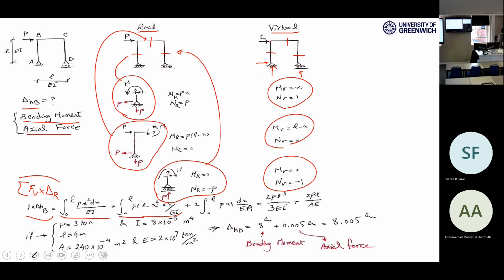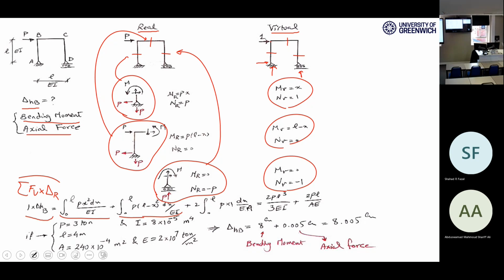For the axial force, the second one is 0. We have again 2 of them, right? For the axial force from the 3 integrations, again we have 2 of them. The second one is 0 because nr and nv are 0. We have the first one and the third one, but they are somehow the same. P1 minus 1 minus p.